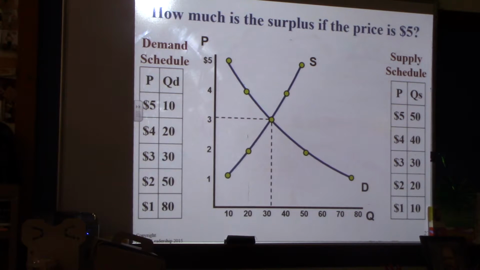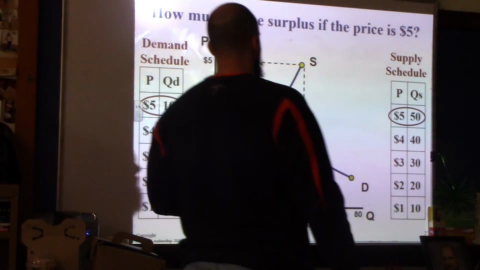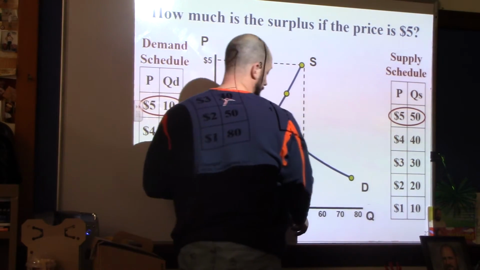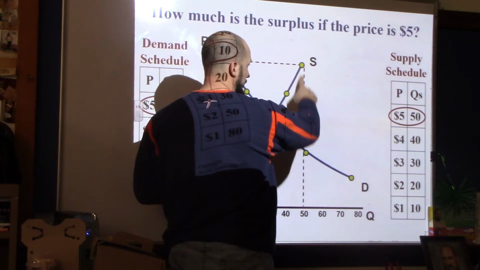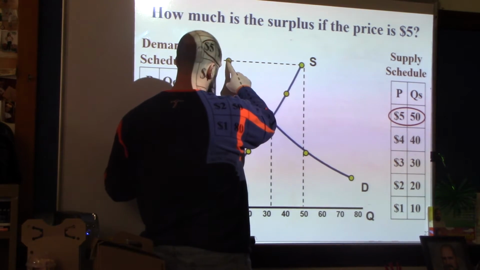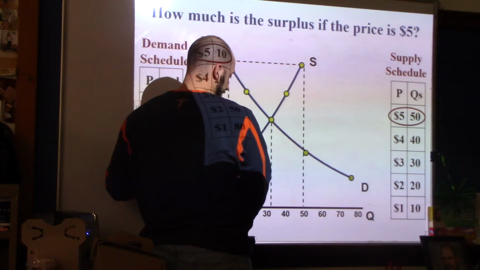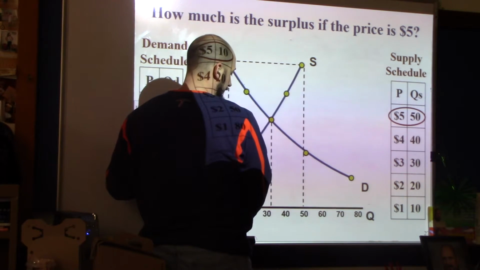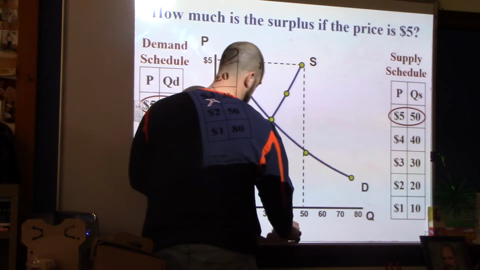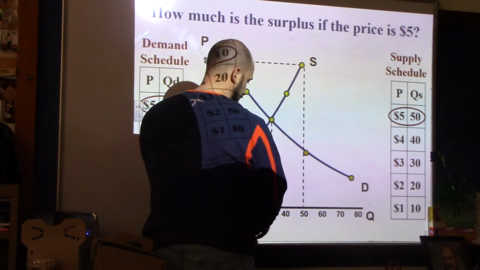Now, what about at $5? What would the surplus be at $5? 30? Yes, because at $5, suppliers are willing and able to produce 50 units, and at $5 we're willing and able to purchase 10. So what is the difference between these two values?